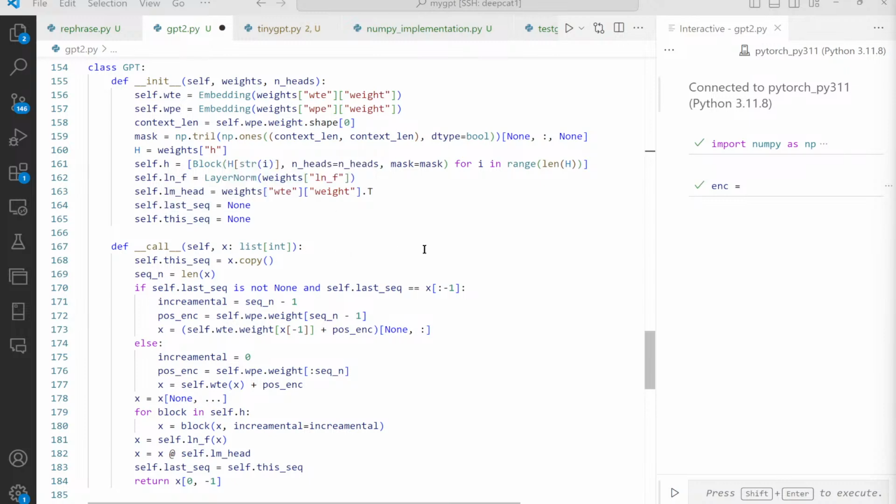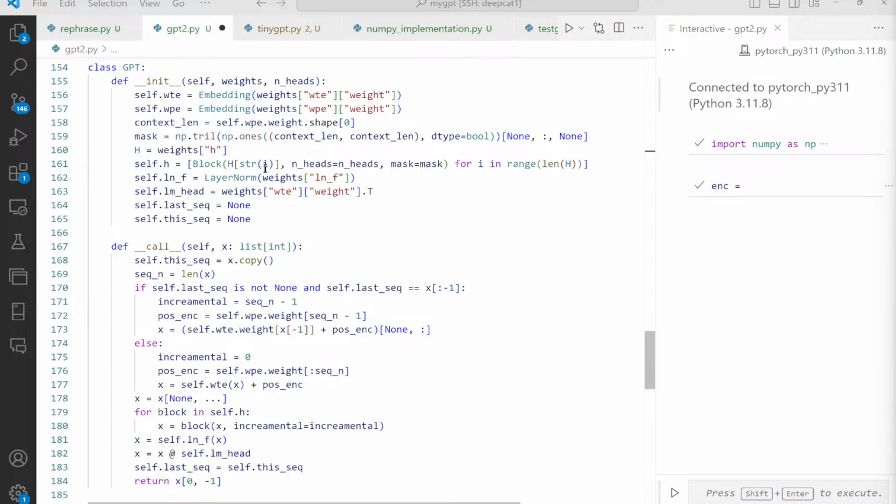Okay, so we get the heads, how many heads there are, and the blocks. H is the weight.